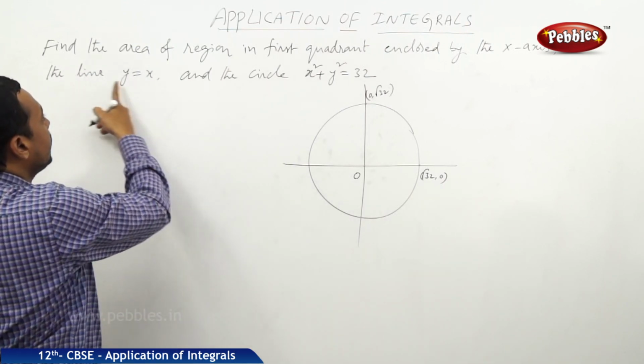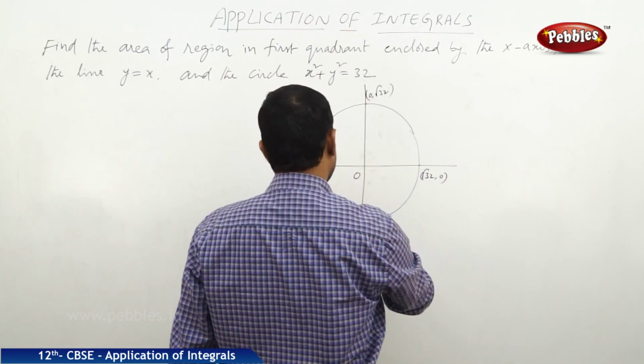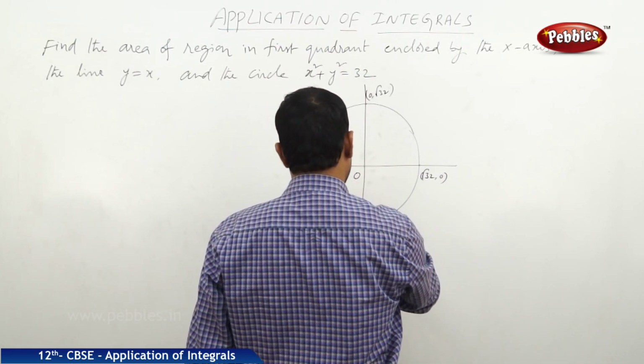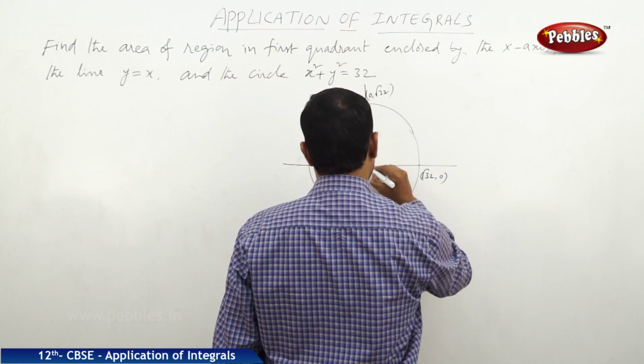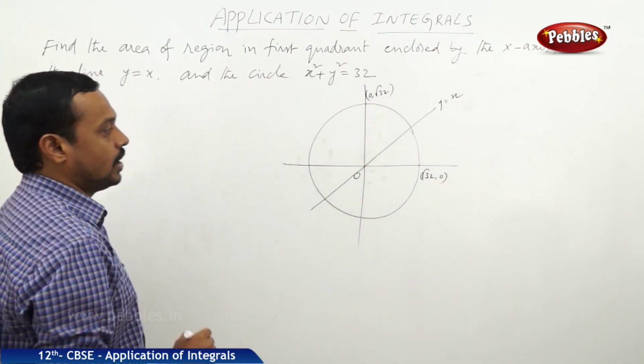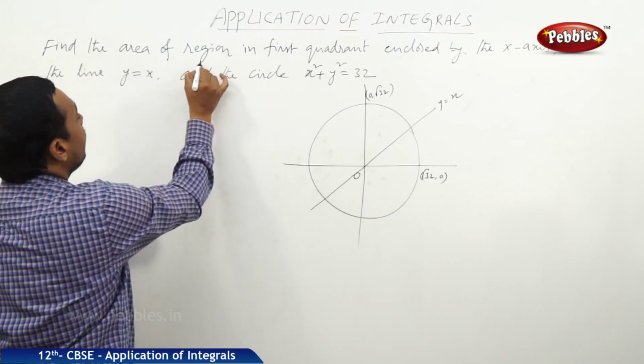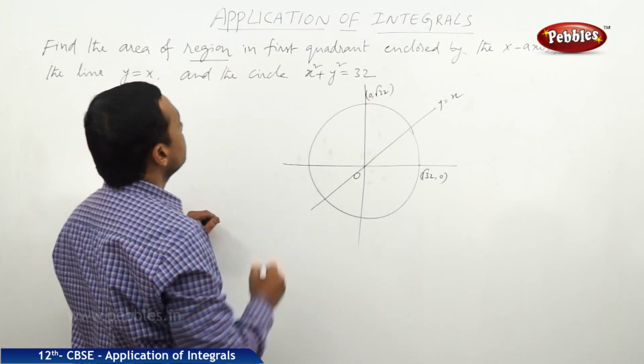And one more line is given, y is equal to x. Y is equal to x is the straight line which passes through origin. Now see the area of the region. What is that region?